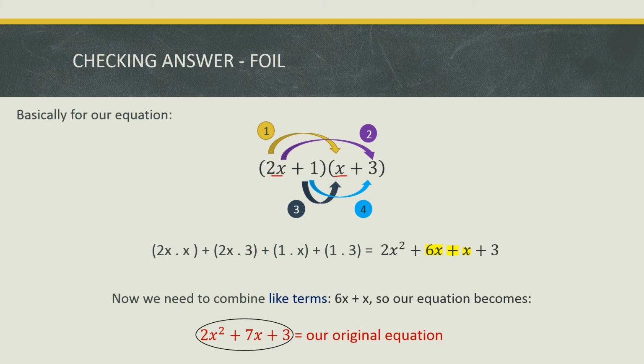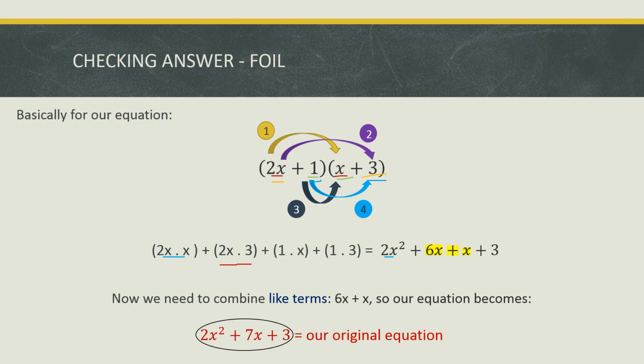Then we do plus 2x times 3 plus 1 times x plus 1 times 3. Now, after we've written this all out, we will see that 2x times x is 2x squared.